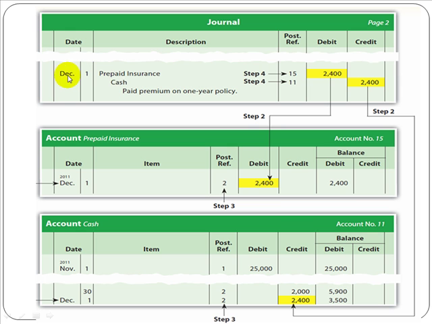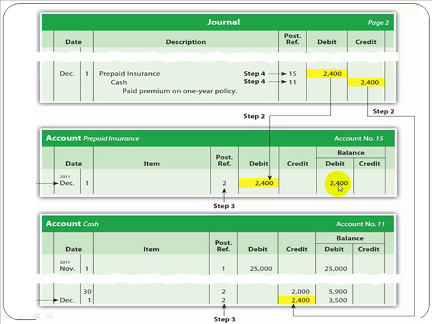So on December 1st, we debited prepaid insurance for $2,400. We credited cash for $2,400. This is on journal page 2. So in prepaid insurance, we're going to put the date, December 1st. Post reference number 2, because this was from journal page number 2. And we're going to list a debit of $2,400.